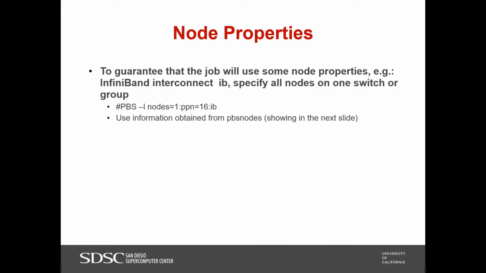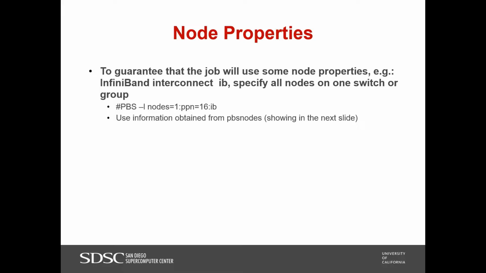Besides the options I just mentioned, sometimes you can specify a certain node property you want to include in your job. That's to guarantee that the job will use some node properties. For example, if you want to use InfiniBand, you can specify that node property in your qsub command or in your job scripts.